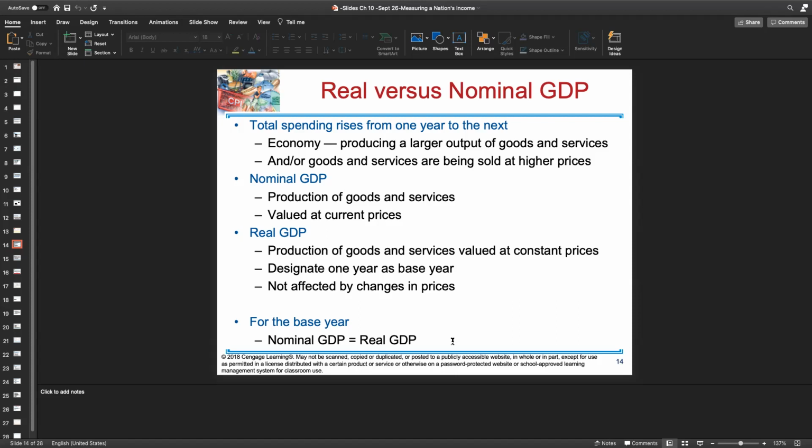But since we have inflation, meaning that the prices increase over time, most of the time the nominal GDP is greater than the real GDP.